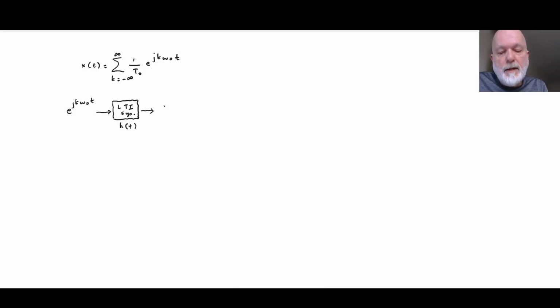So how do we calculate the output? Remember, the output is always the input signal, e to jk omega 0 t, convolved with h of t.